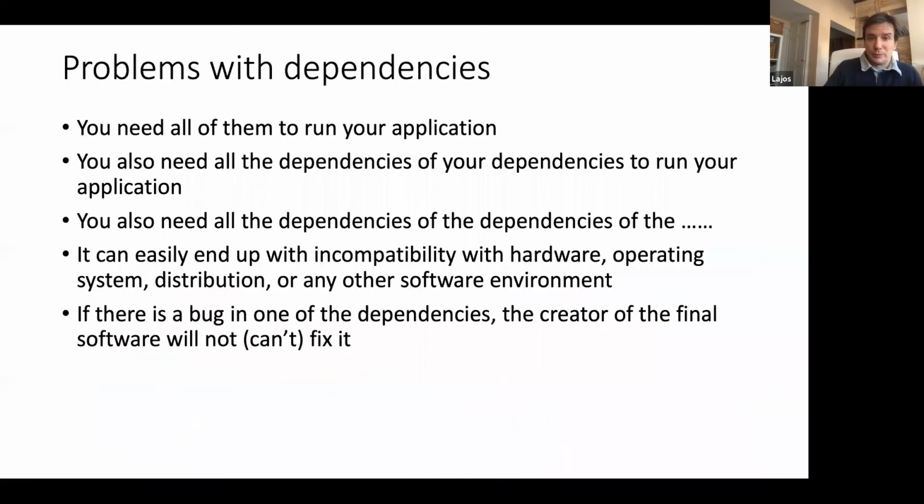So what are the initial problems with dependencies? Of course, you need all of them to run your applications. That's why they are dependencies. But you also need the dependencies of your dependencies to run your applications. And you also need the dependencies of the dependencies of the dependencies.